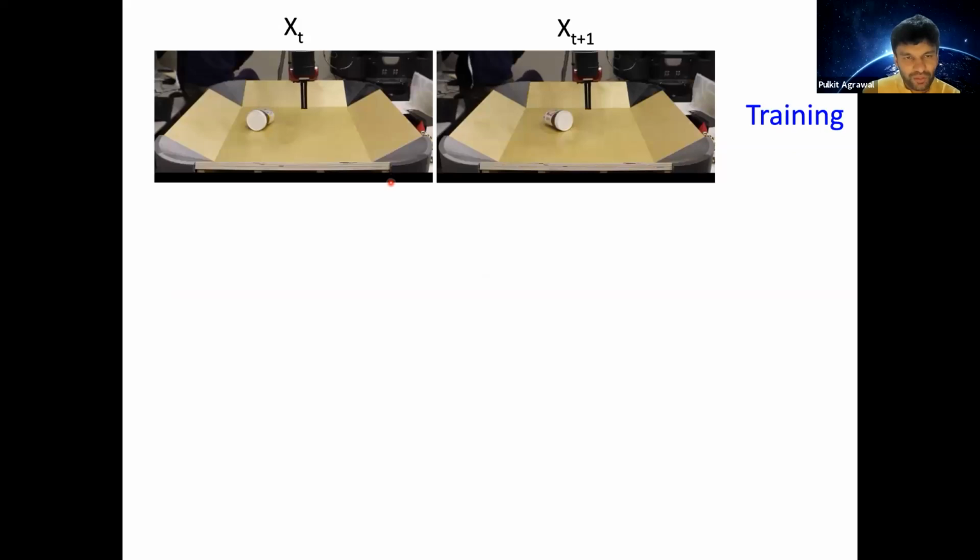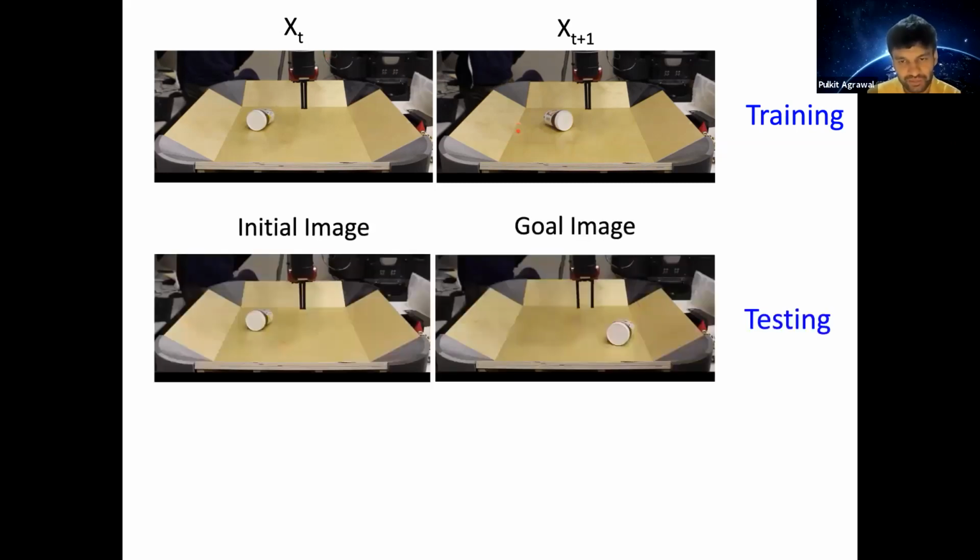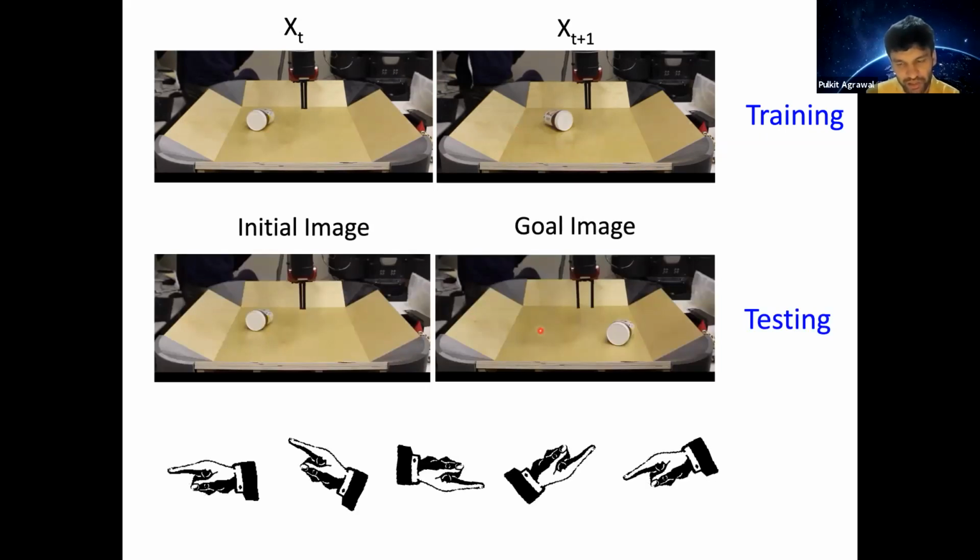So if we were to solve these tasks, one question you might have is, well, in the training set, my images xt and xt plus 1 were only displaced by one action. But if the test set requires me to produce a sequence of actions, then what do I do?